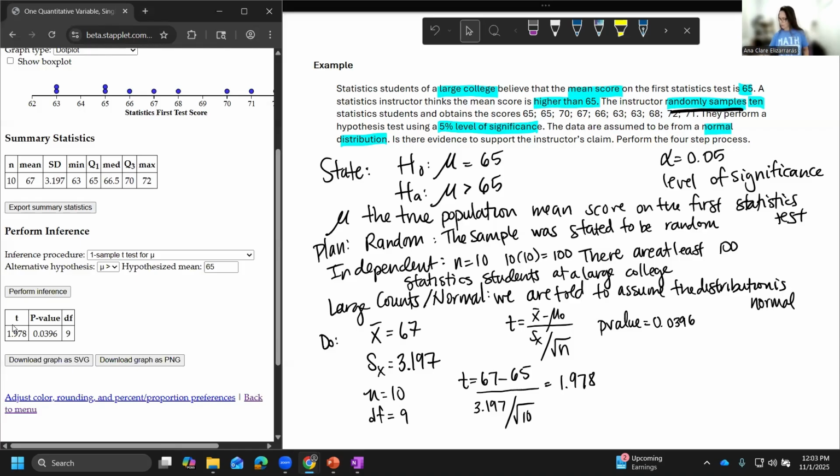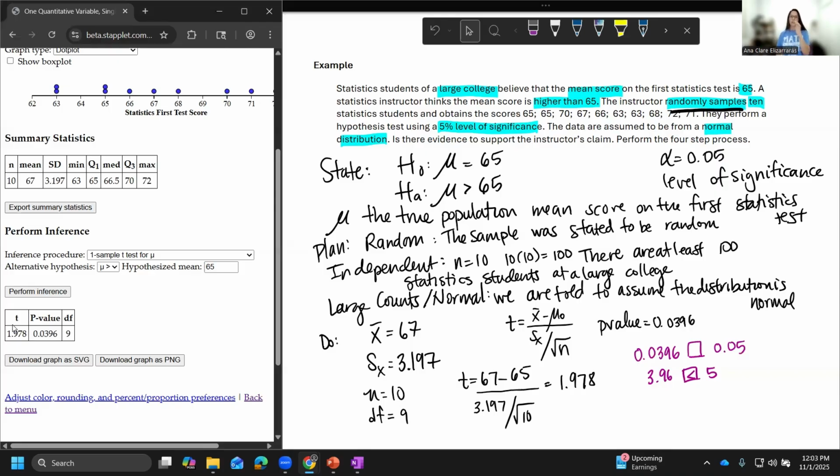And how does 0.0396 compare to 0.05? If you struggle with comparing decimals, you could move both decimals twice to the right, and you could look at 3.96 in comparison to 5. 3.96 is less than 5. And what that means is our p-value is less than 5. So 3.96% is less than 5%.